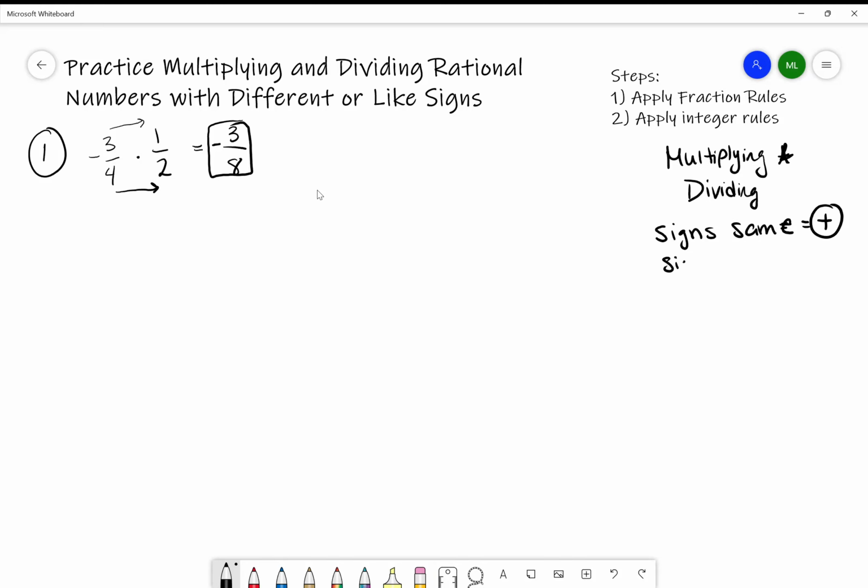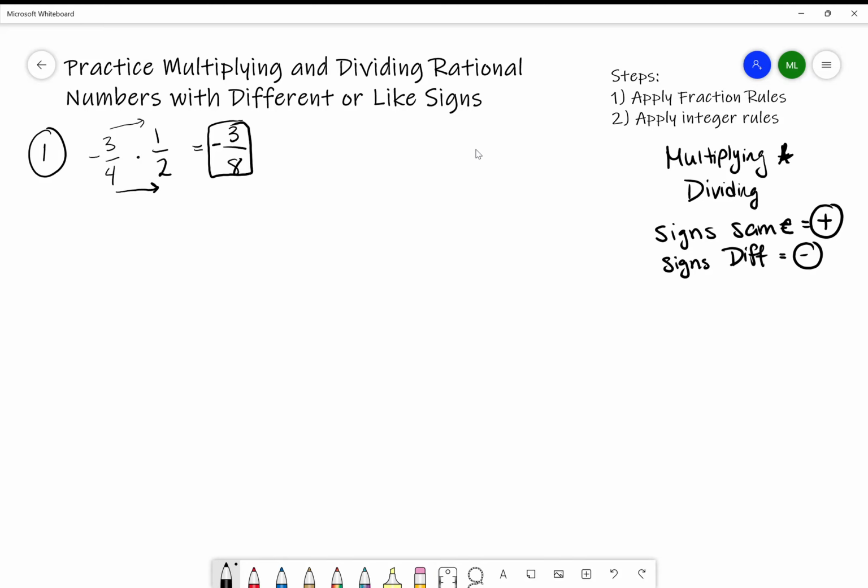If the signs are different, then you have a negative answer. In this case, our signs were different, negative and positive, so negative 3/8. Again, this is just a recap to the side over here. These are the integer rules for multiplying and dividing.